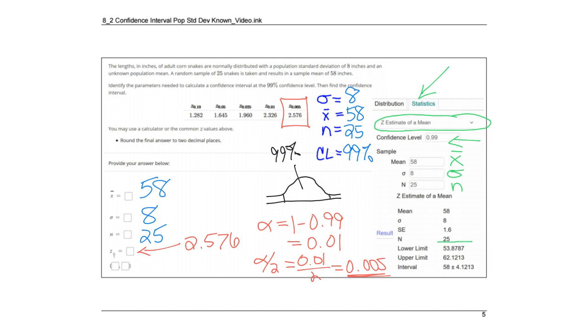It gives me the lower limit and the upper limit for the confidence interval. So I'm going to come back down here. It wants 2 decimals. So 53.88 is my lower limit, and 62.12 is the upper limit. And that's it. Yay, GeoGebra.